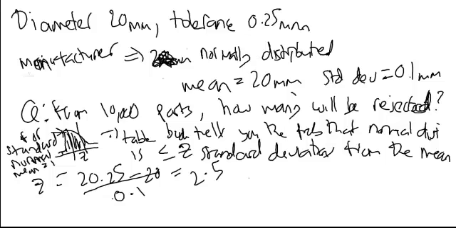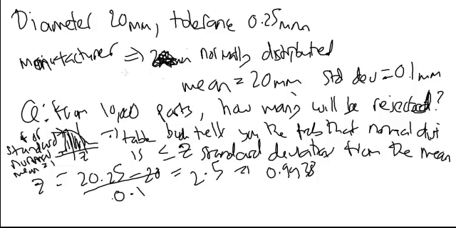And if you look that up in the table book, z is equal to 2.5, you get 0.9938.